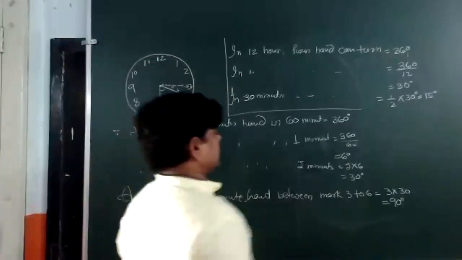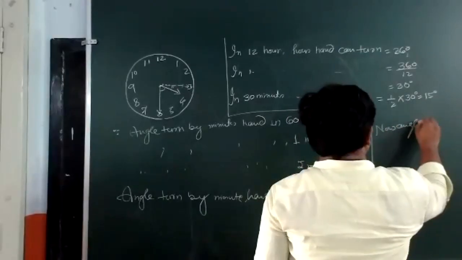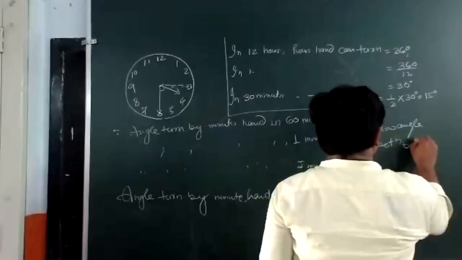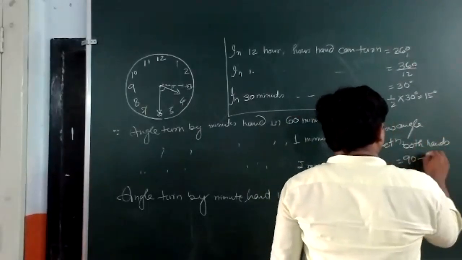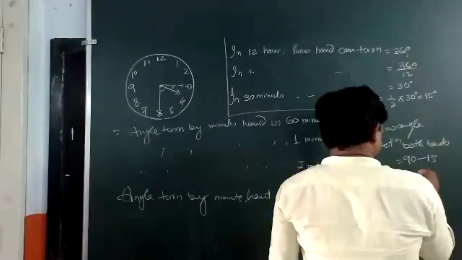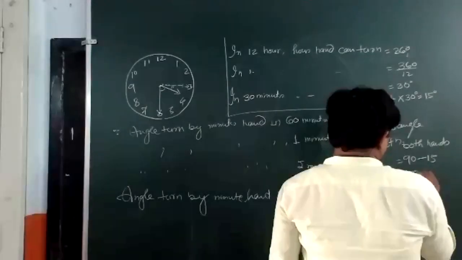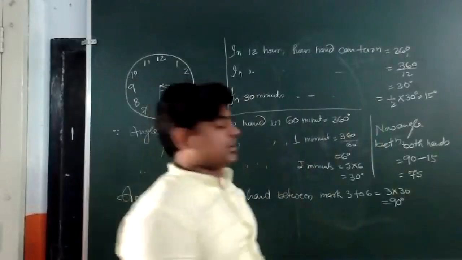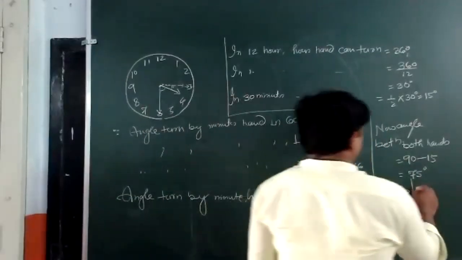So what can I write now? Angle between both hands is equal to 90 minus 15. It is equal to 75. 75. Okay, but it is in degree. I have to find it in radian. So what should I write?